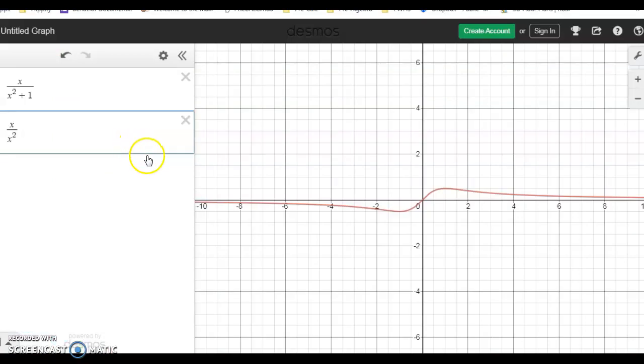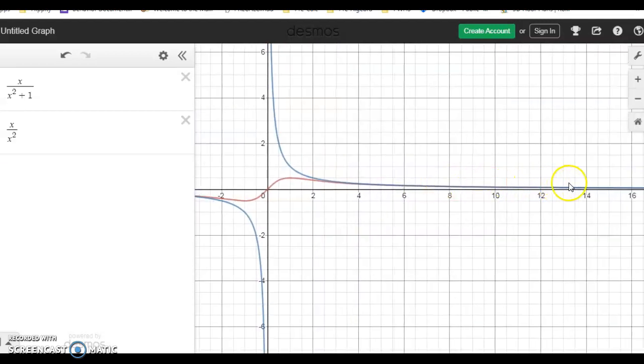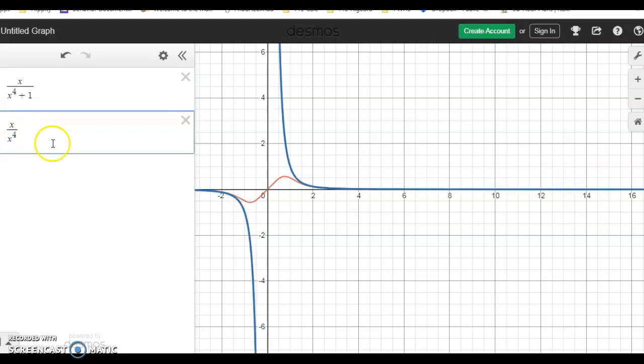Just to show you what I'm talking about, I've got a Desmos screen up. Here it is with just x and x squared plus 1. So we're plugging in 2 for our p-value. If I plug in x over x squared, as I go to infinity, there's really no difference in the values as we go out. I can change that p-value, let's say x to the 4th, and it gets even closer, faster, as I go further out.